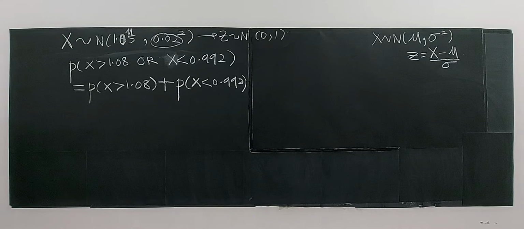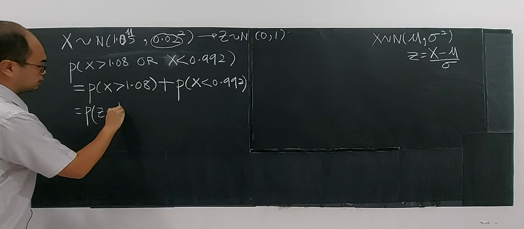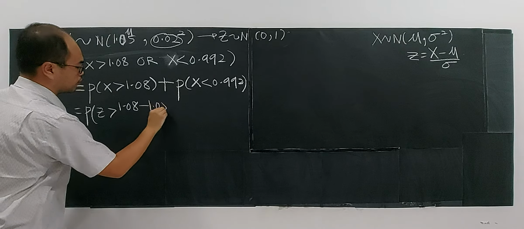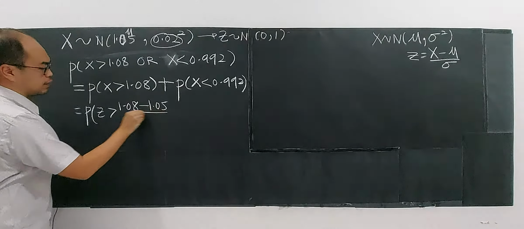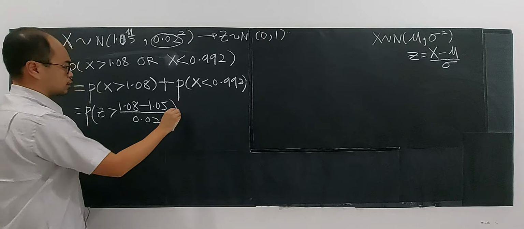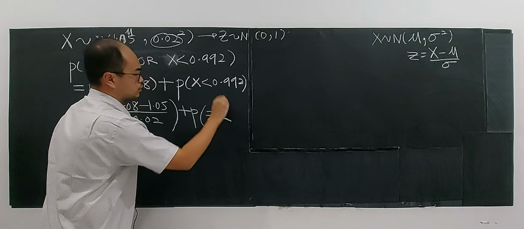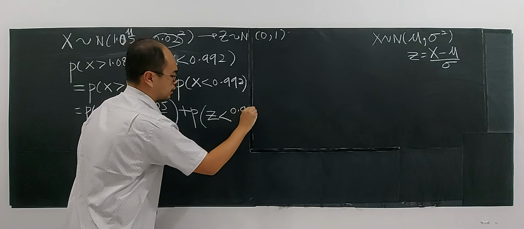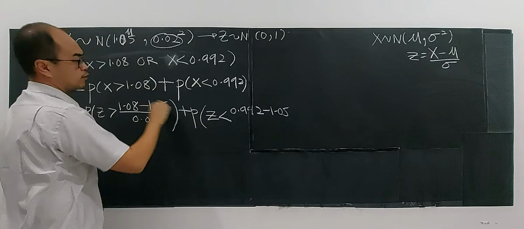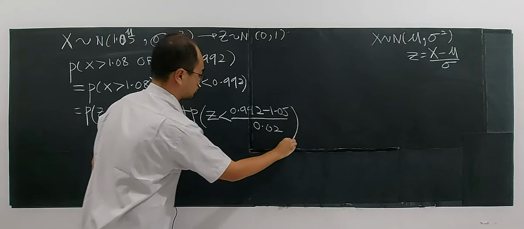We write the probability of Z greater than 1.08 minus the mean 1.05, divided by the standard deviation 0.02, plus the probability of Z less than 0.992 minus the mean 1.05, divided by the standard deviation 0.02.